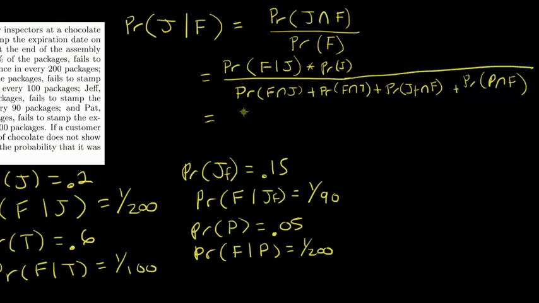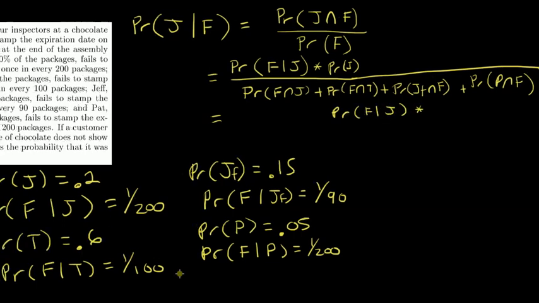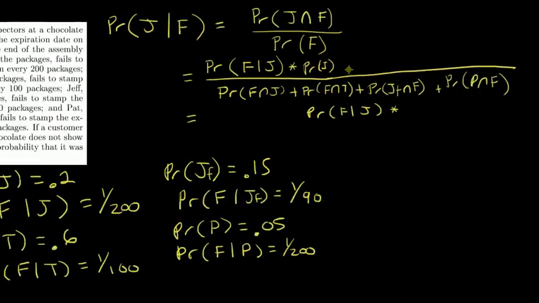Then we'd want to use the multiplication rule for all of these in the denominator. So fail given John, times the probability that John did it. Then each of these can be broken down by the multiplication rule.